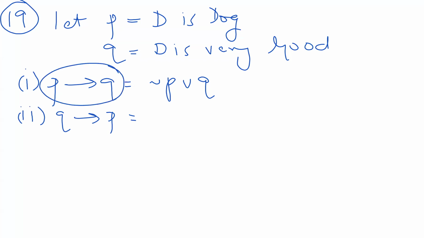If the formula of P implies Q is negation P or Q, the formula of Q implies P will be negation Q or P.